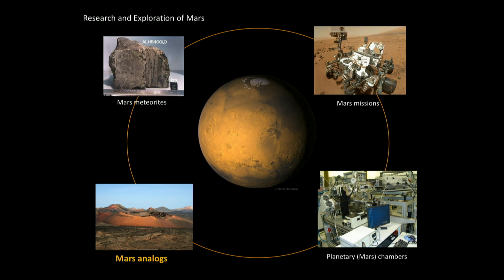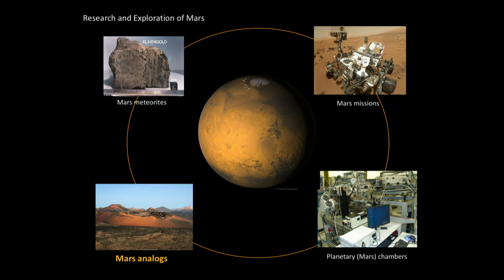And of course the ALH-001 is another type. Then there are Mars missions, of course, and also Mars analogs. This is the third pillar from which we can obtain information. There is a fourth pillar which is now rising up, the study of features about Mars and procedures using these planetary mass chambers.